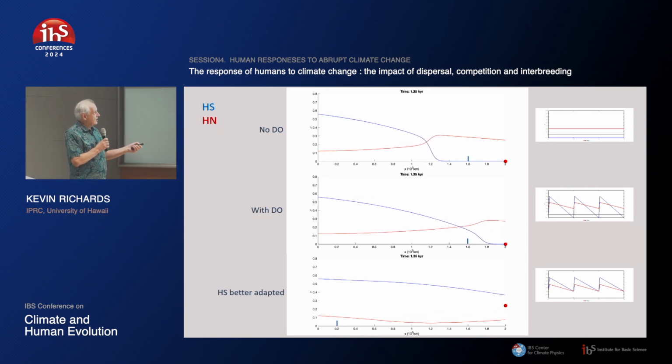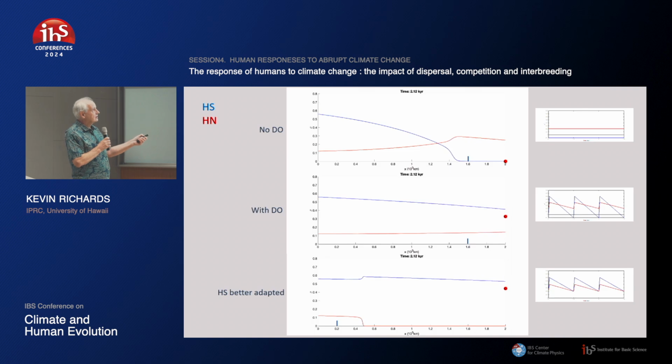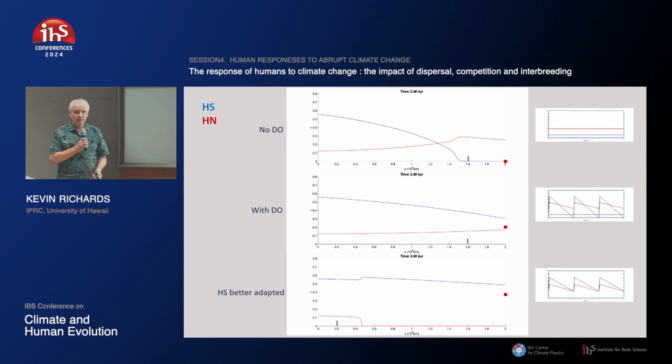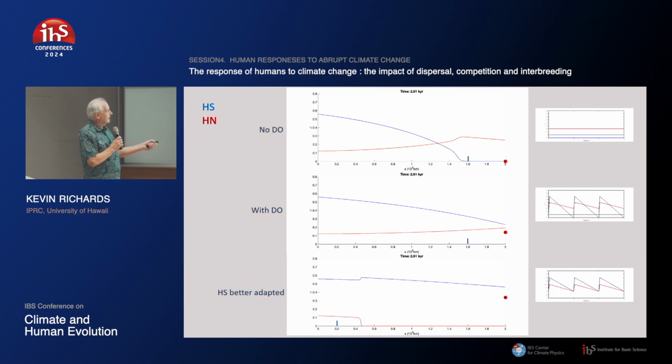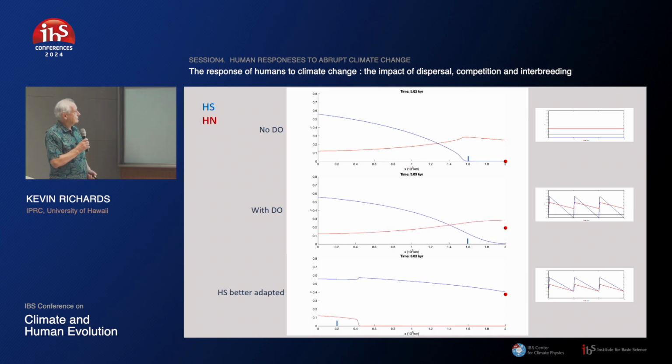But because it's much colder here, the Homo sapiens almost go extinct, but get revived when things get warmer, so that rather than the Homo sapiens going extinct, the climate variations are aiding their existence throughout time.